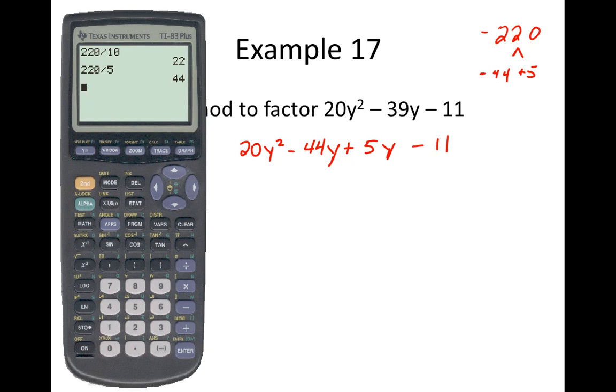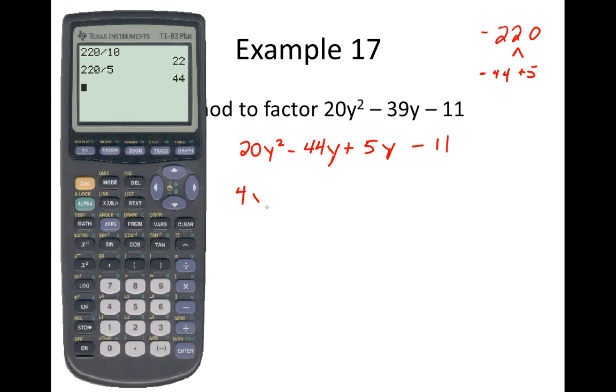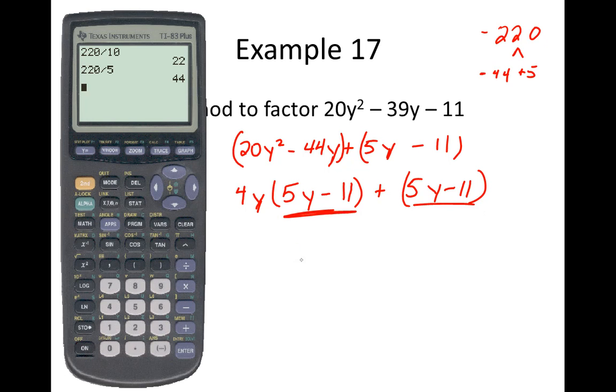Okay, what can I pull out of this first group? I can pull out a 4y, and I'm left with 5y minus 11. Should actually put the grouping symbols around it. And then I have plus 5y minus 11. Nothing to pull out there. And so now I can pull out my 5y minus 11.